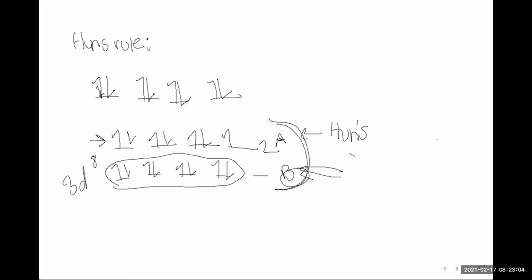So up arrows first and then down arrows. Right, basically, up arrow. Yeah, because remember, this has to do with electromagnetic fields. So those spins want to be opposite with one another. So that's why we draw them that way. But yeah, you're correct. You said it's always going to start out with an upward arrow.